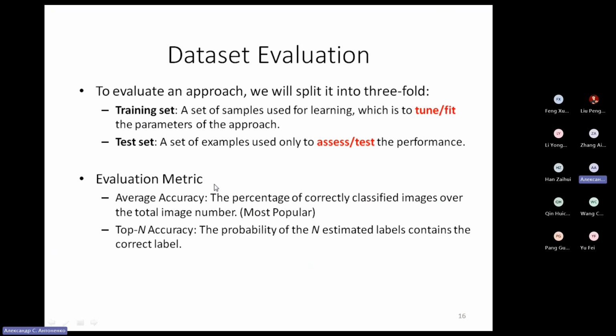And we can use different metrics. Maybe we will consider only two metrics. It's average accuracy. It's the most popular metric. It's very simple: the percentage of correctly classified images over the total image number.